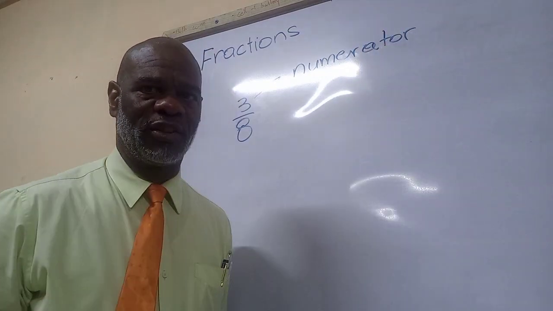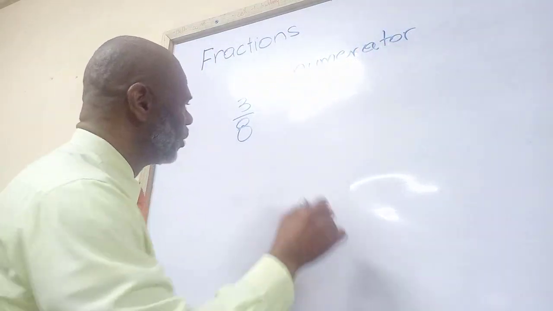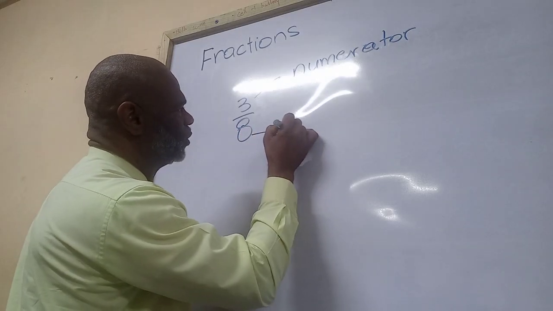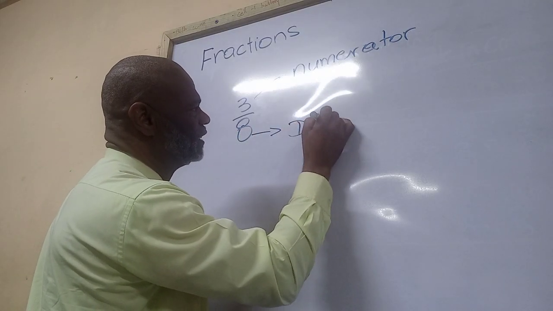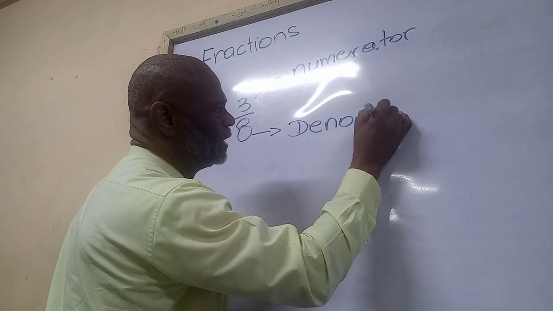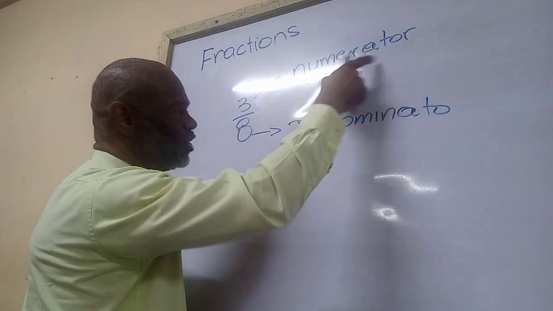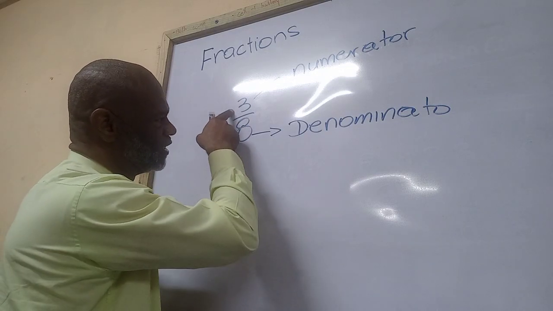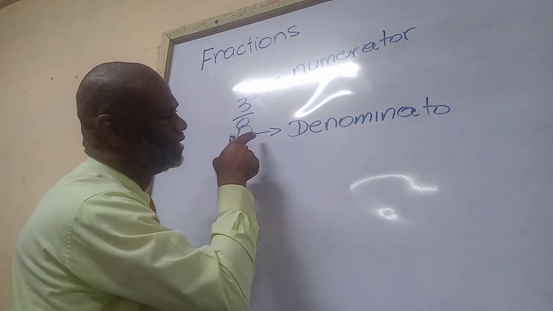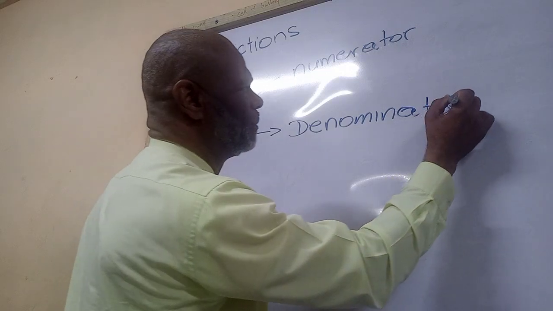The number at the bottom we call the denominator. So we have the numerator, the numeral at the top, and the denominator, the numeral at the bottom.